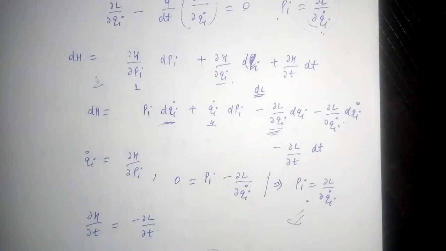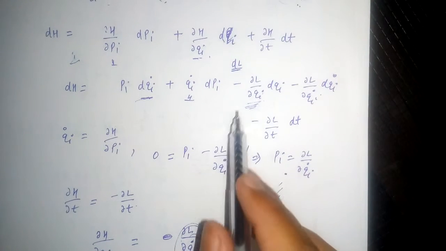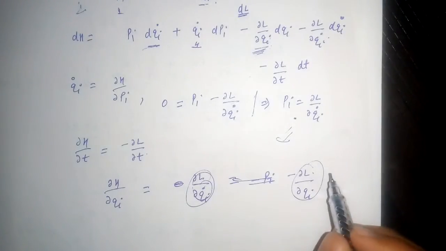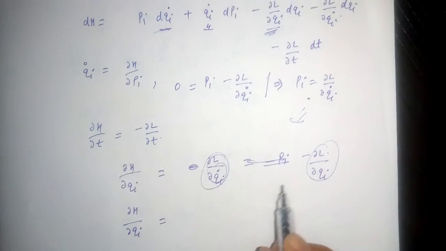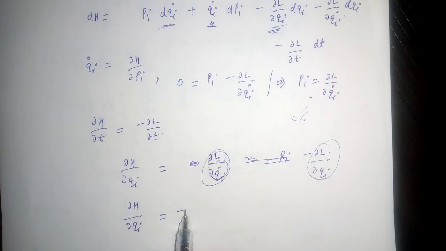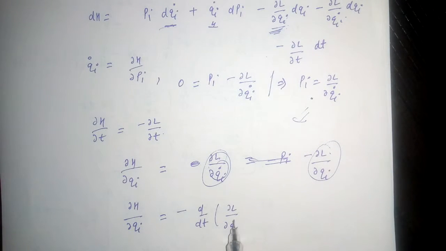So I'll write it minus delta L upon delta qi. And from the Lagrangian equation of motion, what is that? Minus d/dt of delta L upon delta qi dot.